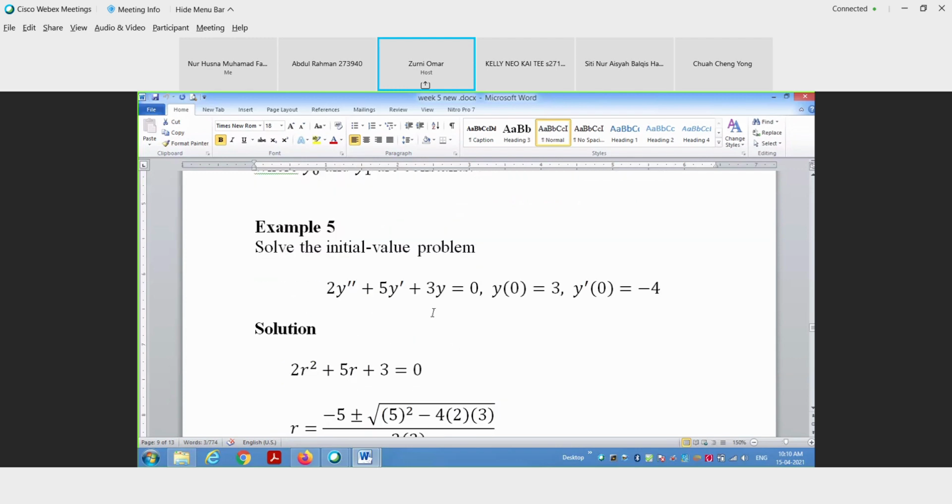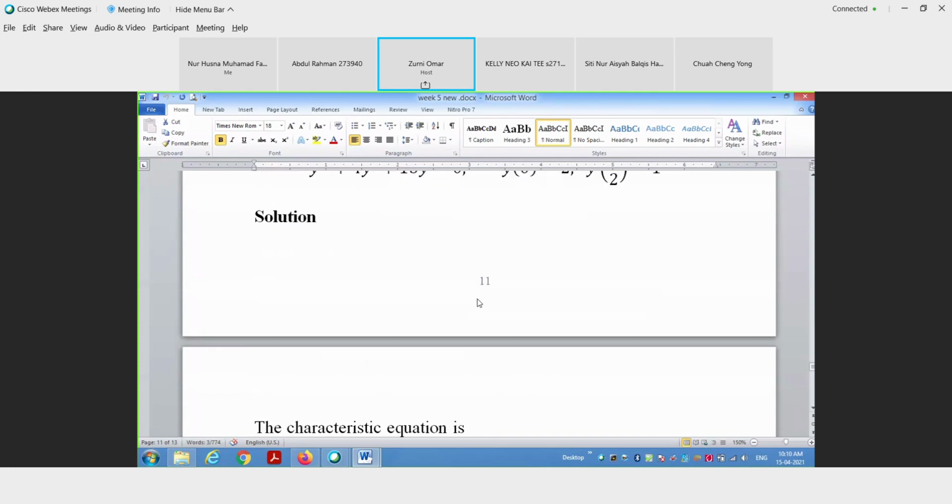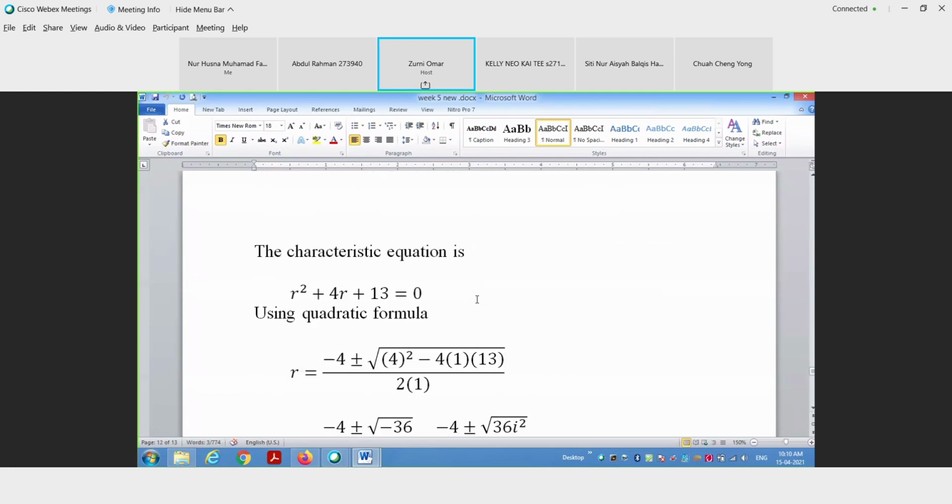We have done this before, in Example 5. That is how you solve a homogeneous second order linear equation with constant coefficients.